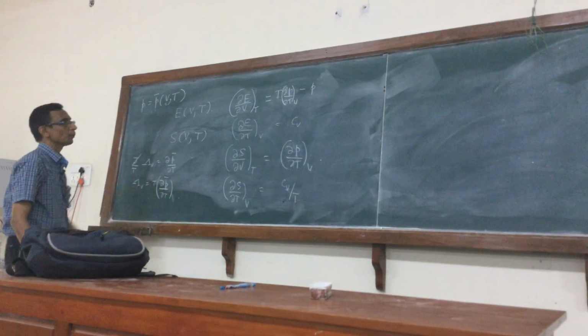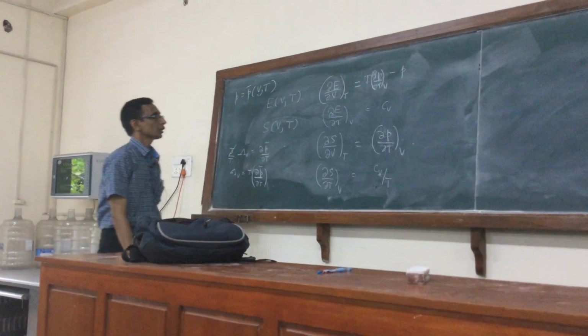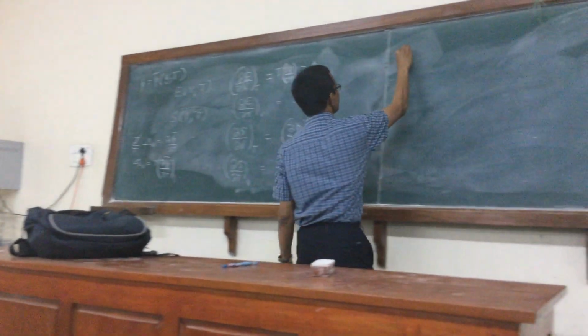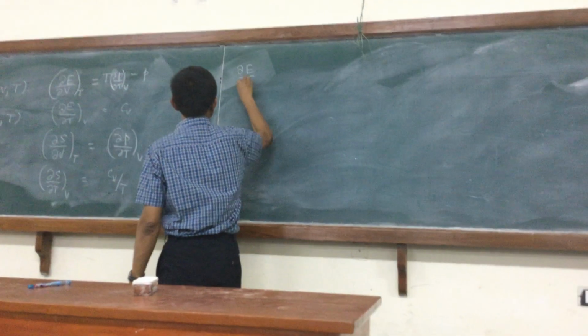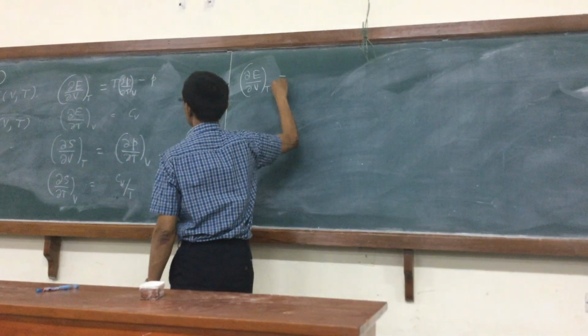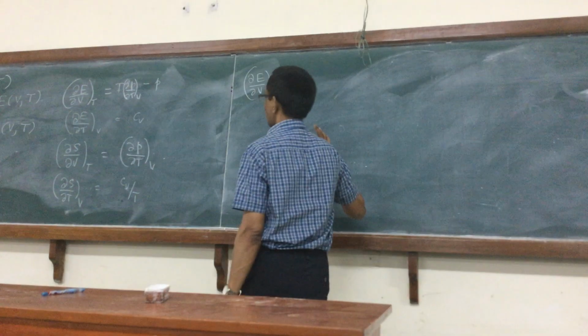Now I may further combine these two equations and write this as dE by dV. This is nothing but algebraic manipulations.